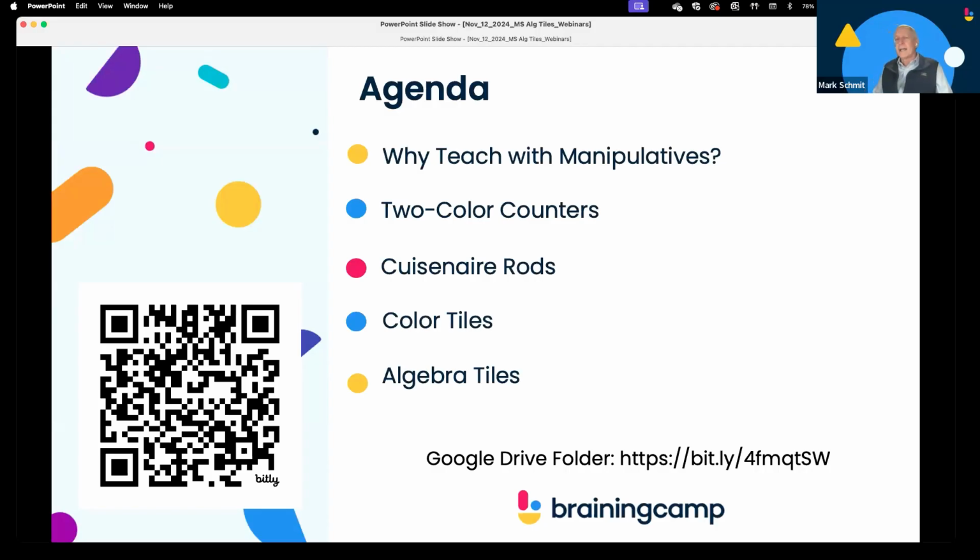We'll look at color tiles, and then like I was telling Kara before we started, I want to get to algebra tiles, so I may cut a few things short so that I can get to algebra tiles.